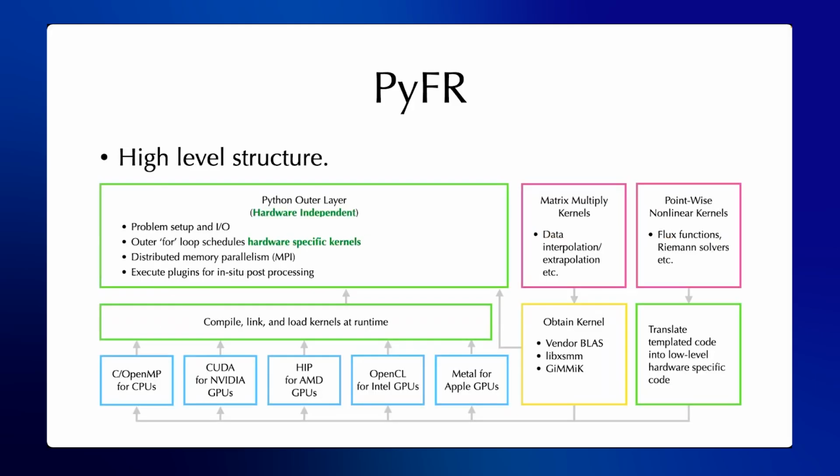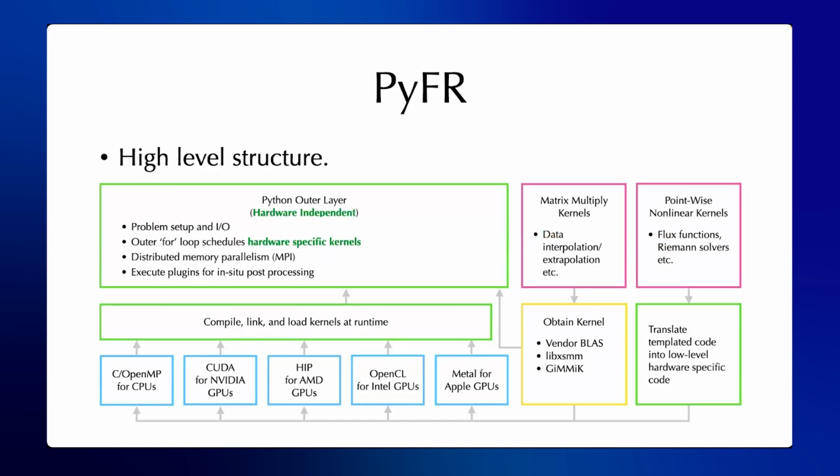In terms of the structure of the code, it's a little bit unusual because firstly, it's written in Python. And secondly, we make very extensive use of runtime code generation. So all our kernels are in a domain-specific language.